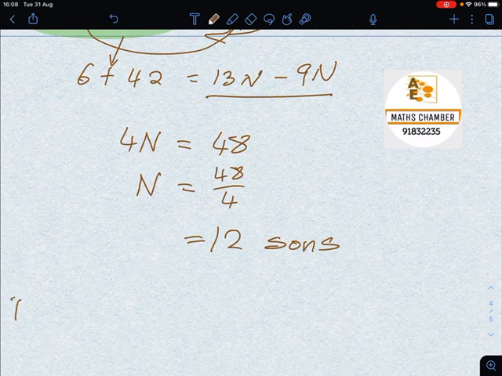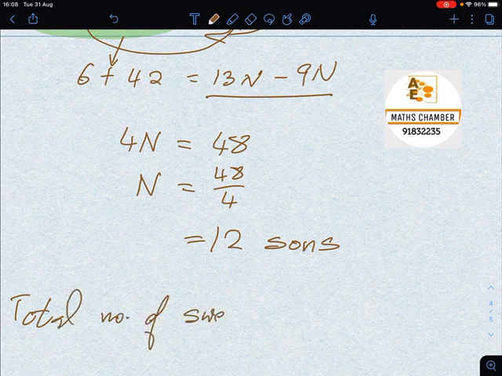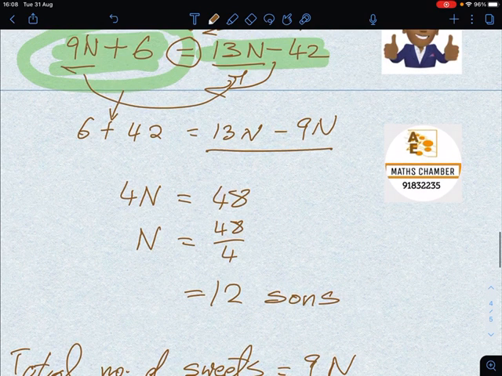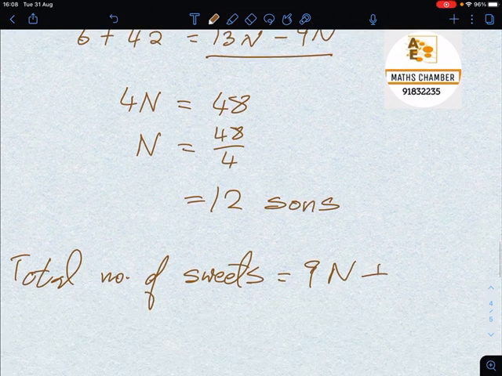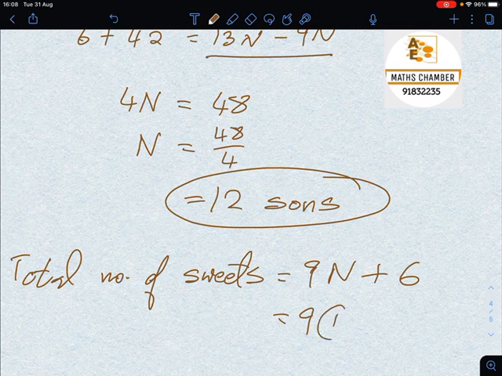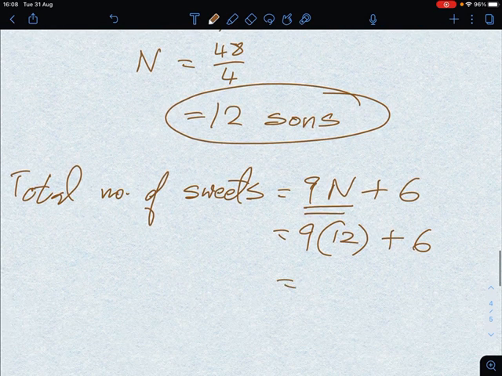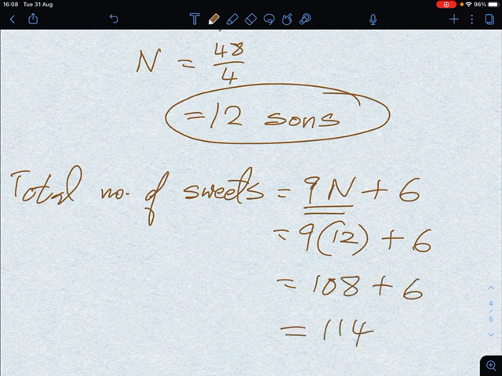Therefore, the total number of sweets, if I use the first scenario, will be equal to 9n plus 6. n is 12, so 9 times 12 plus 6. 9 times 12 is 108, plus 6, that will give you 114. That will be the total number of sweets that he had.